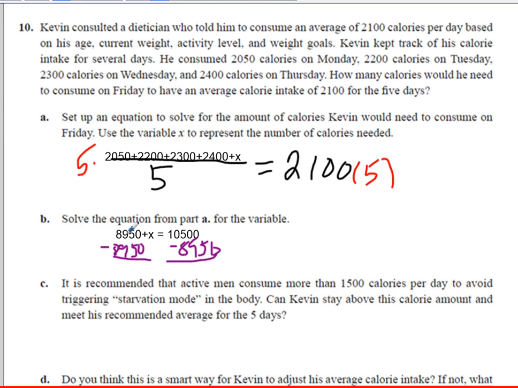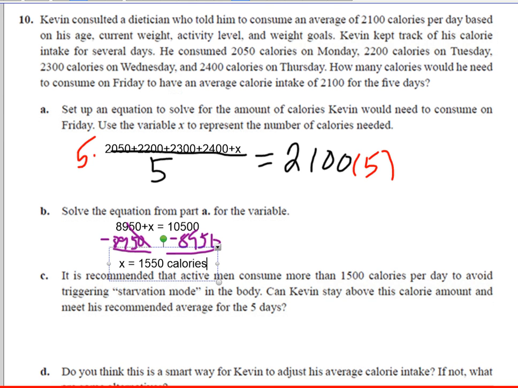And we see that he can consume 1,550 calories. That's how many calories he has left for Friday to be able to stay within his goal.